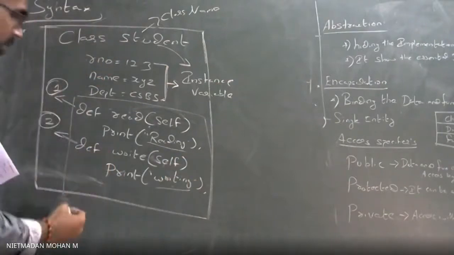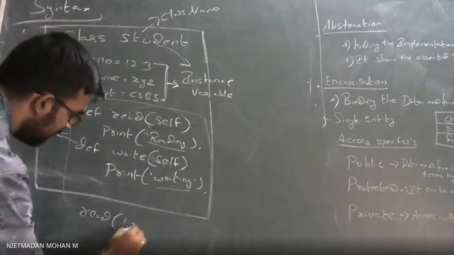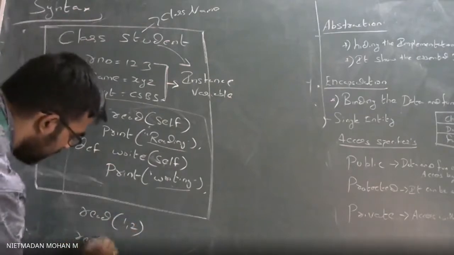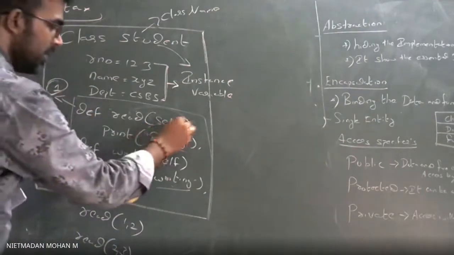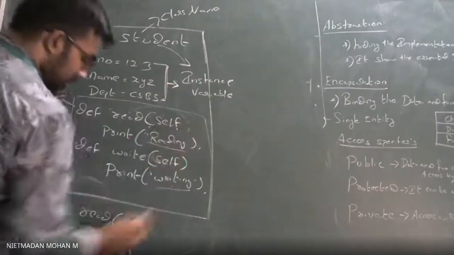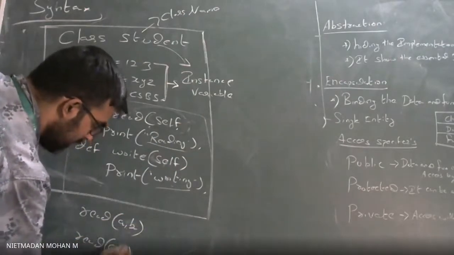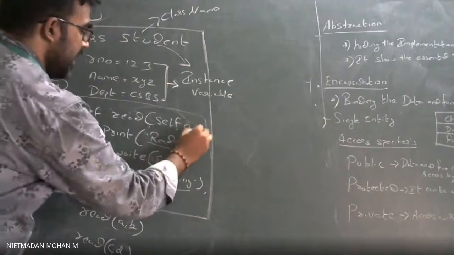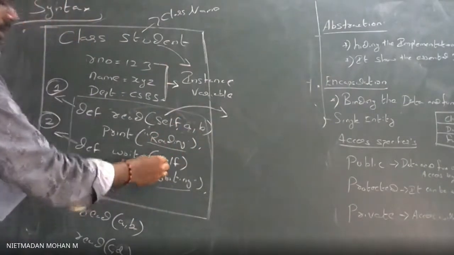And suppose I am giving arguments read of 1, 2 and read of 2, 3 in the main program. Sorry, A, B and C, D. It will take self first, then A and B. So self will be the default thing in the class.